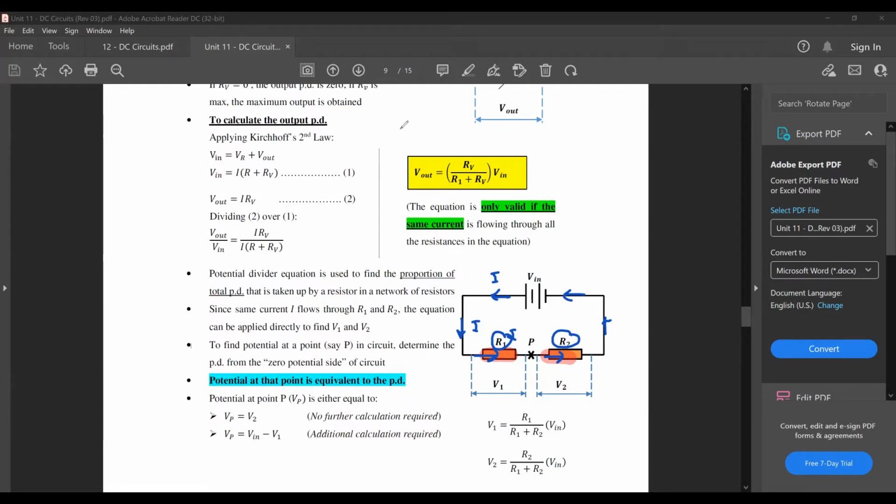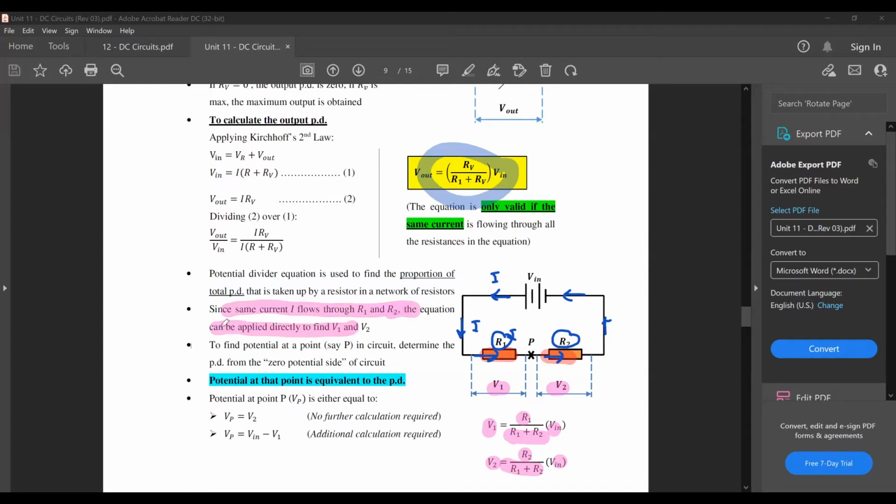I can use the potential divider equation straight away for either one, in order to find out what is V1, in order to find out what is V2. So if I want to find V1, it will just be R1 over R1 plus R2 times V8. Or V2 will just be R2 over R1 plus R2 times V8. Okay, this is for this part.